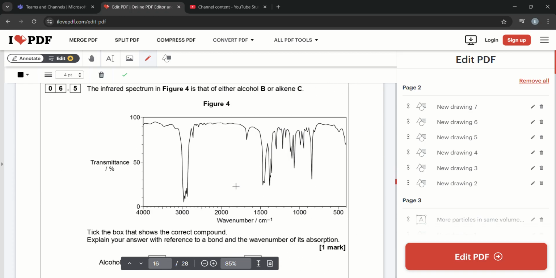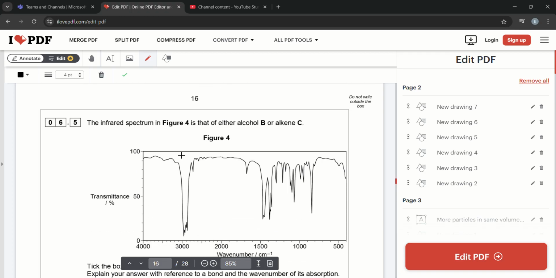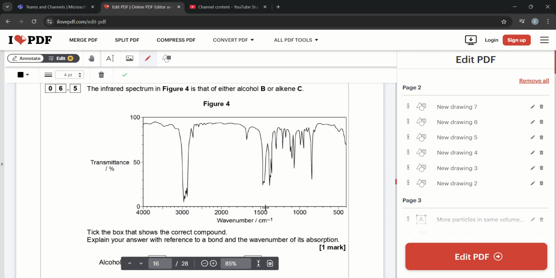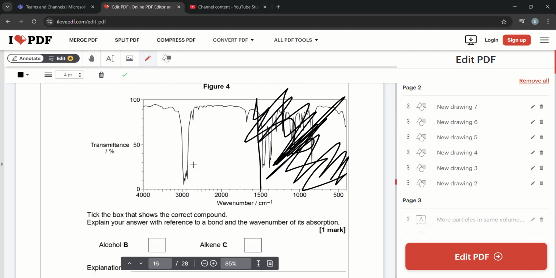And then 6.5, tick the box that shows the correct compound. It's either an alcohol or an alkene. Classic question. With the infrared spectrum, obviously we don't care about the less than 1500 centimeters to the power minus 1. That's the infrared fingerprint region. We don't care about that.